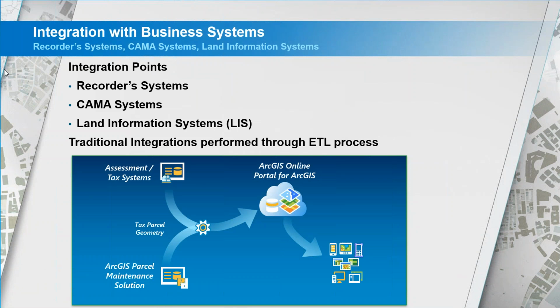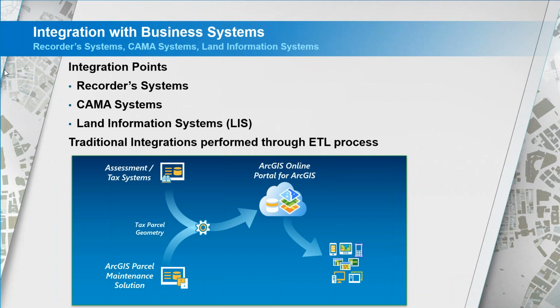We have the CAMA system, which stands for Computer Aided Mass Appraisal, that stores all the property characteristics. So not only do I have a property, a parcel out there, it has a house on it, it has detached structures on it, it has a swimming pool, there's a value associated with each one of those.